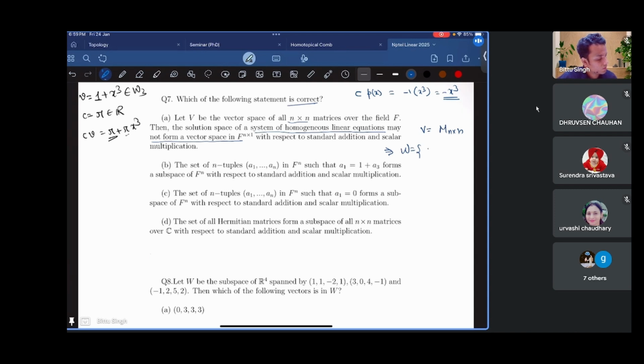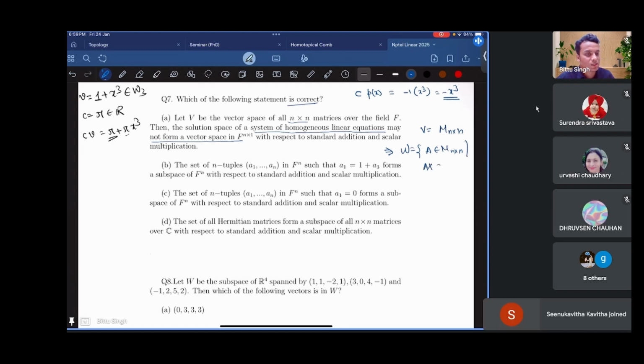W is given as all matrices A belonging to M_(n×n), all n by n matrices, which satisfy the homogeneous equation Ax = 0. It says that this cannot form a subspace. This is not a vector space. So is it true or not?